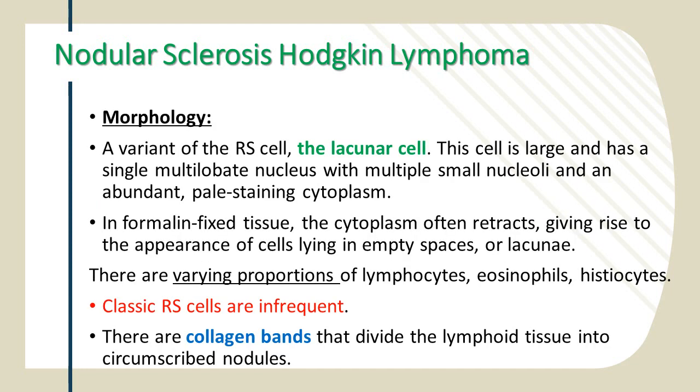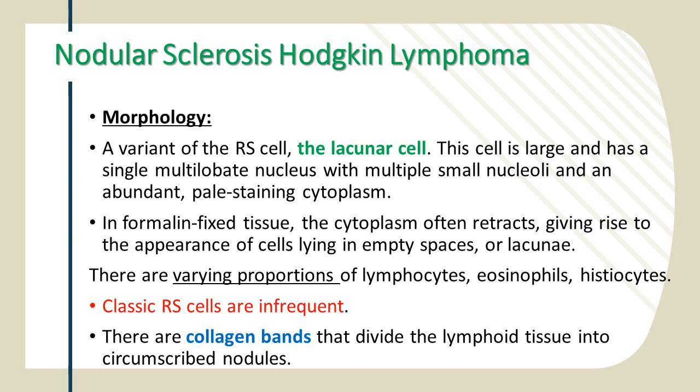For the morphology, the nodular sclerosis subtype has a variant of the Reed-Sternberg cell called the lacunar cell. This cell is large and has a single multilobate nucleus with multiple small nucleoli and an abundant pale staining cytoplasm.